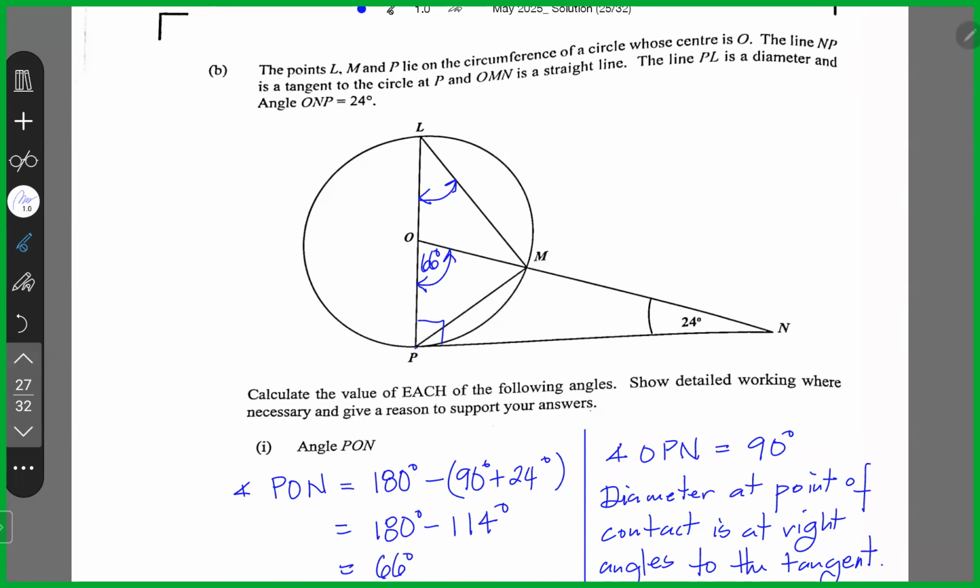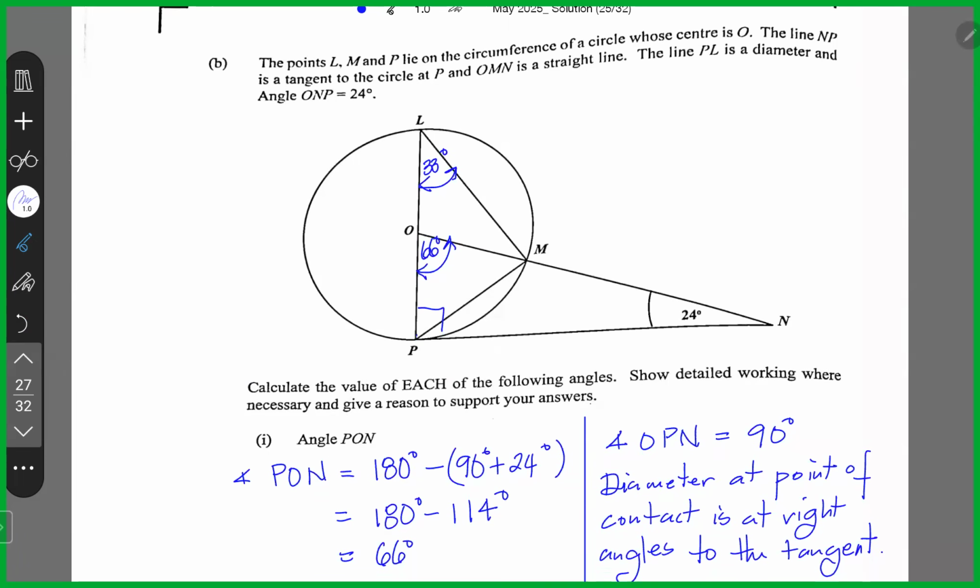Start at P to center down to M. Next one, start at P to circumference down to M. The one to the center is called the angle at the center. The one to the circumference is called the angle at the circumference. This is 33 degrees. Angle PLM.